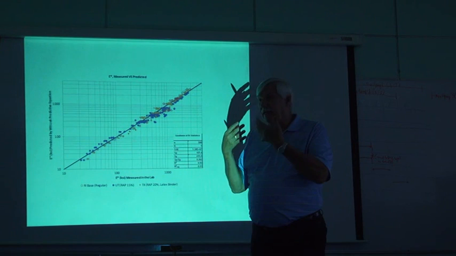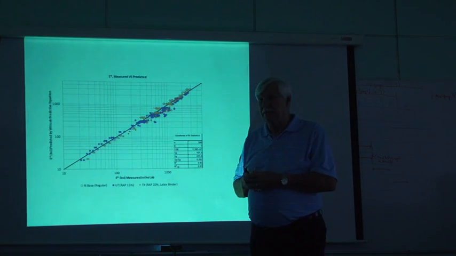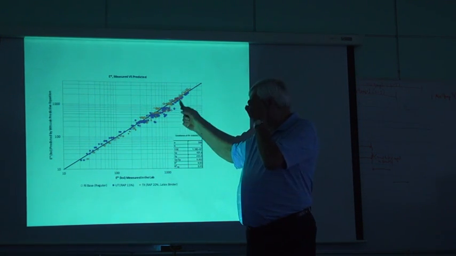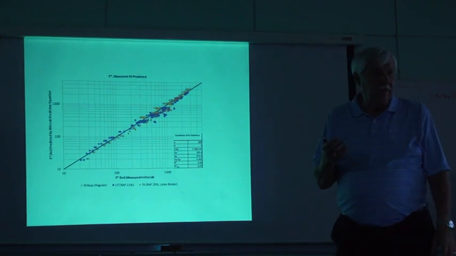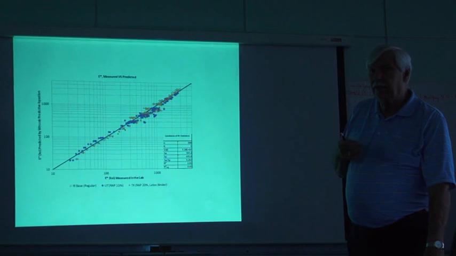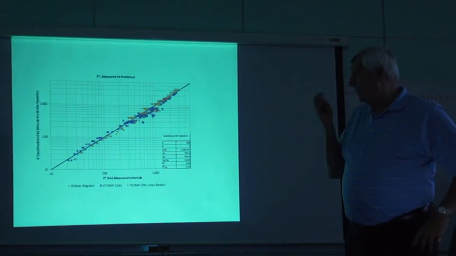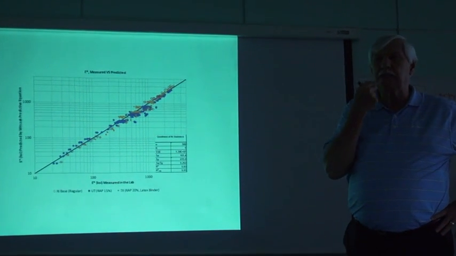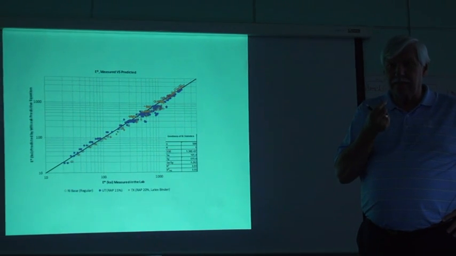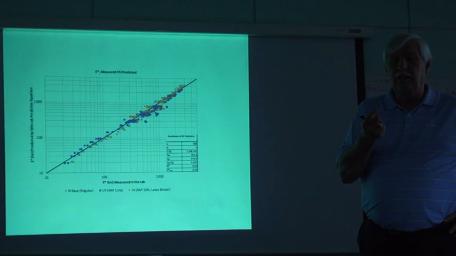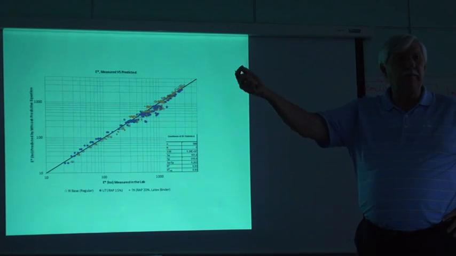And this is again the type of information we'll try and generate here. What you see for all of the master curve points that were generated is that I can use an equation based upon mix volumetrics, and I'll get about the same value of E star that I would if I measured the E star.